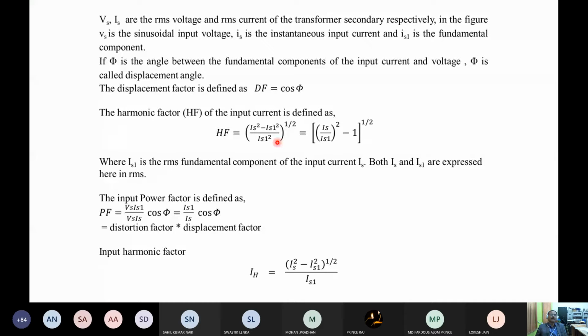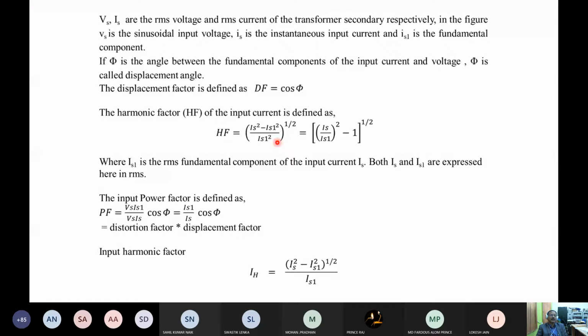As I told you, Vs and Is are the RMS voltage and RMS current of the transformer secondary. Why secondary? Because at the input side of the control rectifier, there may be a transformer to step down the voltage. Sometimes a transformer is used for isolation also.